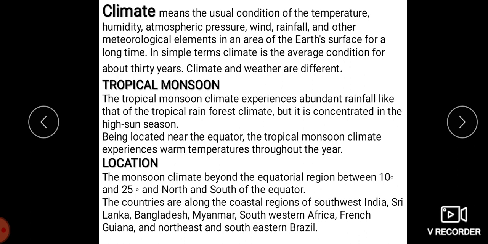The standard averaging period is 30 years, but other periods may be used depending on the purpose. Climate also includes statistics other than average, such as the magnitudes of day to day or year to year variation.